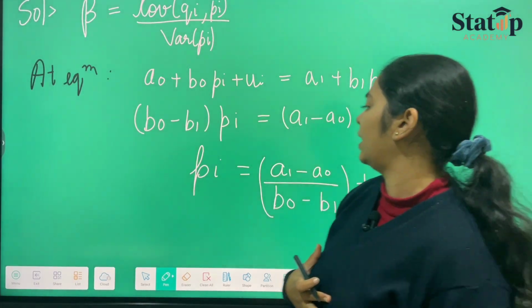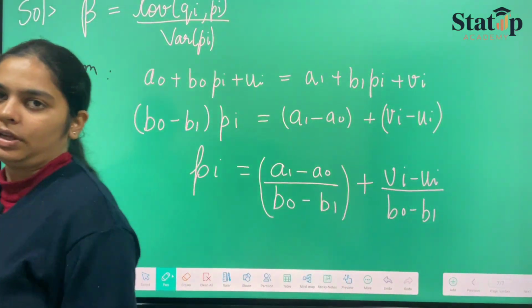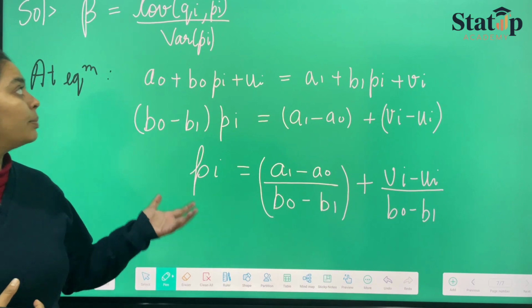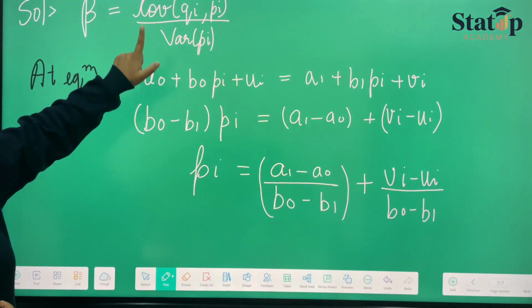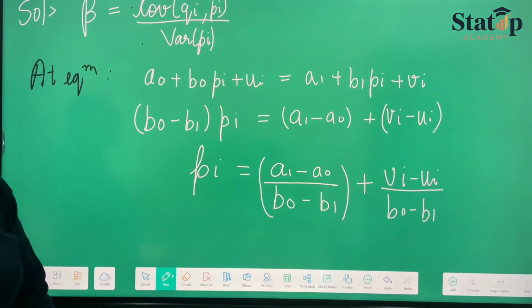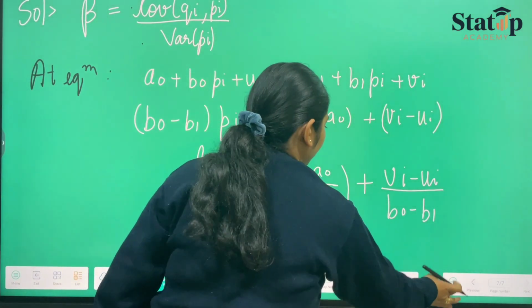So if we have to find the variance, first of all we have to find the variance of Pi, and second we have to find the covariance of Qi and Pi. So first of all, let us take the covariance of Qi and Pi.